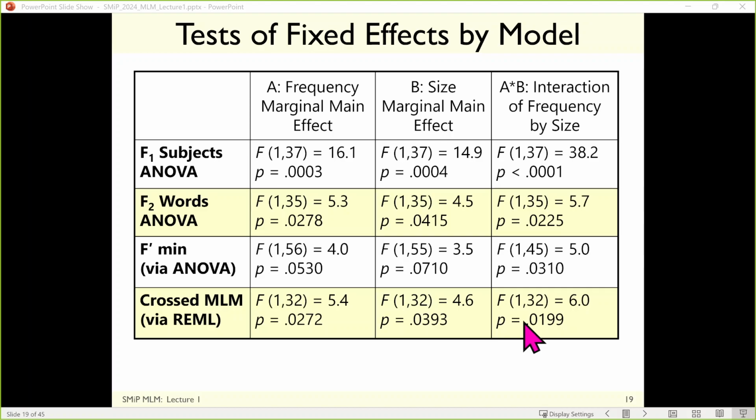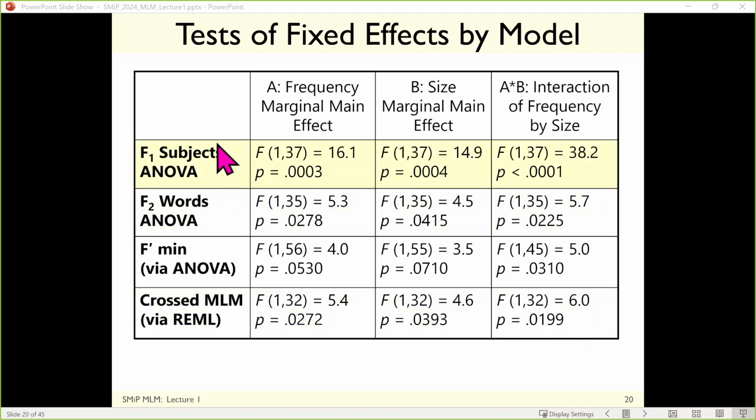The difference is that the F2 ANOVA aggregated over subjects, so they were not part of the story, and treated items as random. The crossed multi-level model did not aggregate over subjects, but there were no subject predictors. So these inferences pertain to the effects of the items. Items are being represented as random in both of the yellow lines here, and that's why we have the similarity.